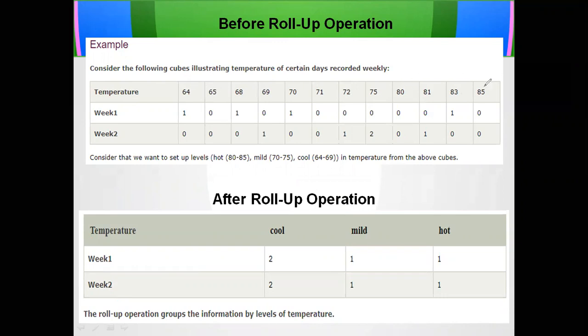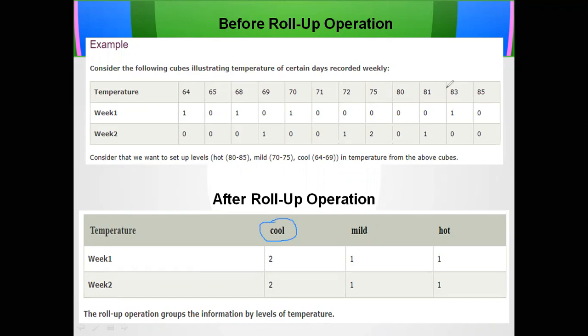These are the temperature values. In week one, this temperature is identified, this is identified, this is identified, and here also these temperature values are identified, right? So this is my summarized data in the data cube.